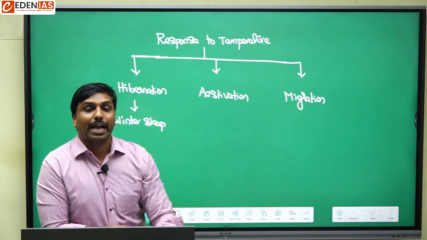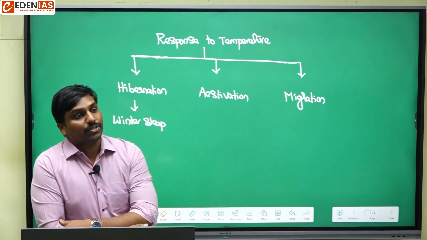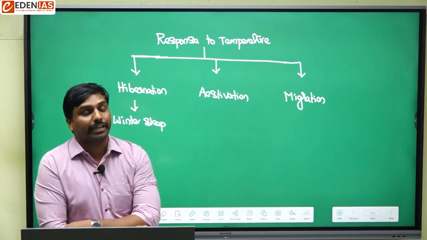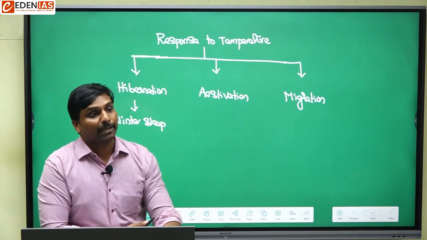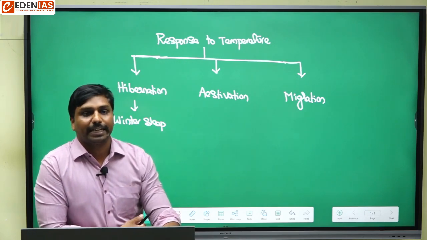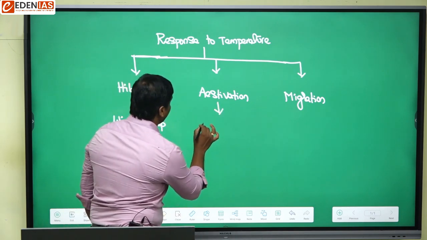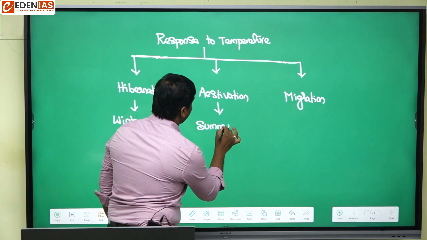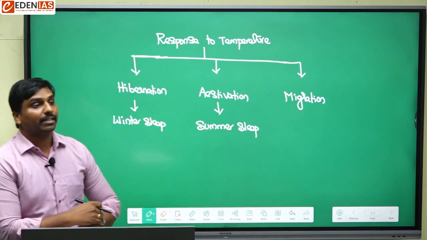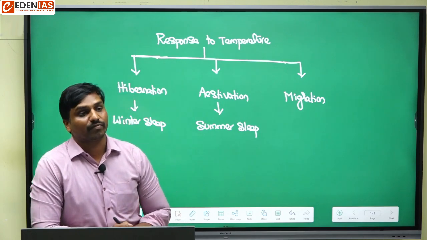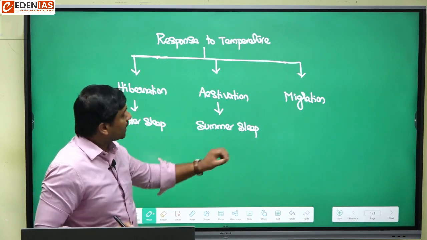That process of temporary suspension of metabolic activities during winter is hibernation. Similarly, in order to conserve water or energy in the summer, some organisms will enter a temporary suspension of their metabolic activities. So estivation is a kind of summer sleep, where organisms pause their metabolic activities. Such a response is known as estivation.